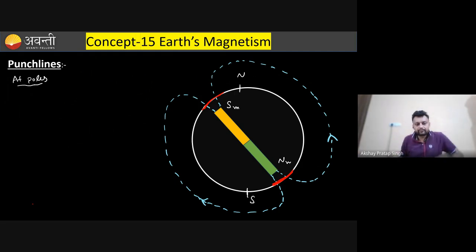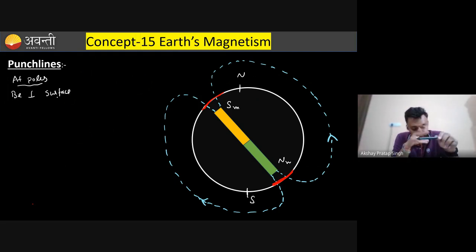At poles, Earth's magnetic field is perpendicular to the surface. To the surface of what? To the surface of the Earth. Clear? That means Earth's magnetic field is vertical.